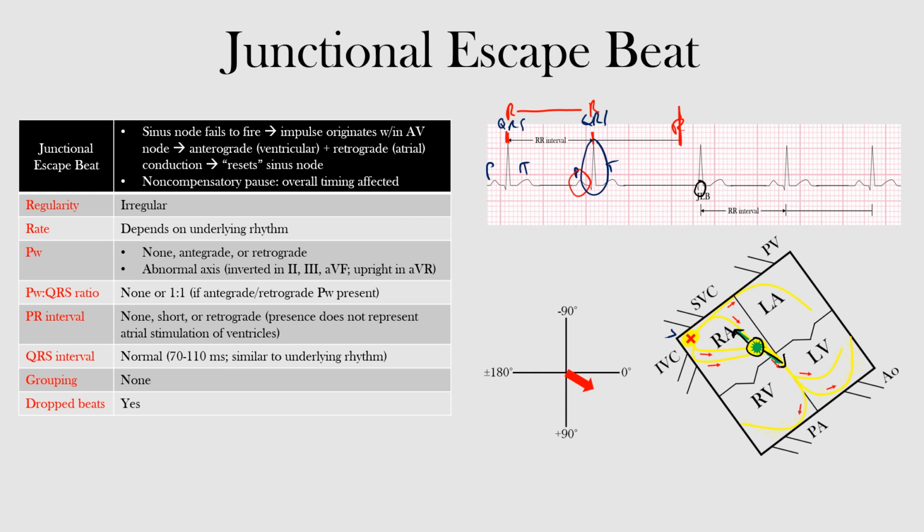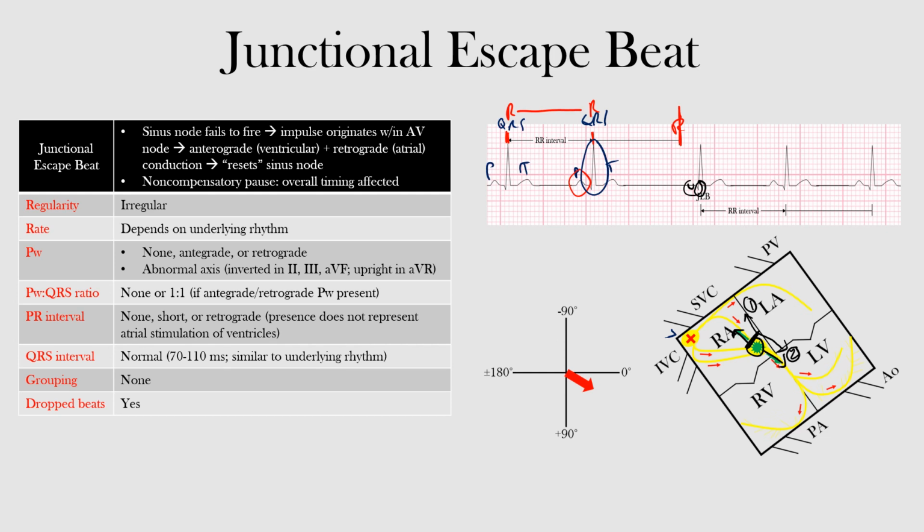Okay. Now, if it was a higher origin, imagine it up here, the atria may be depolarized first, and then the ventricles a little later. And in such cases, we may see a P wave that may be inverted in these leads, okay, because now it's going in the other direction. So that may be inverted and also coming before our complex because the atria were depolarized earlier.